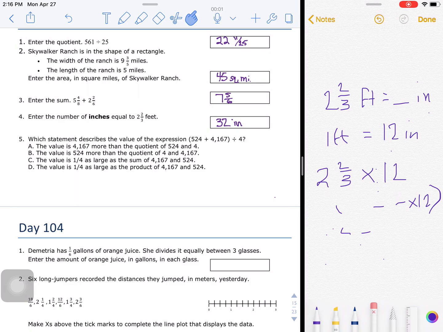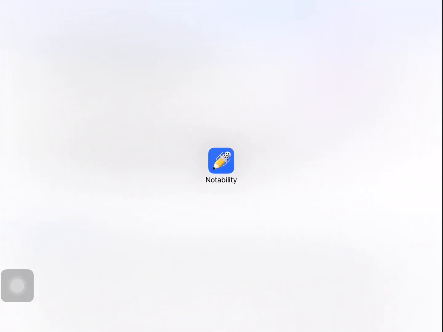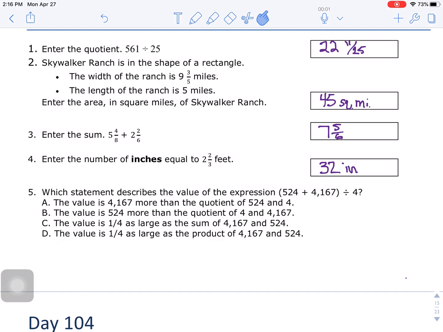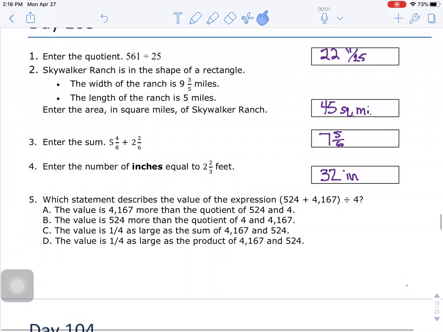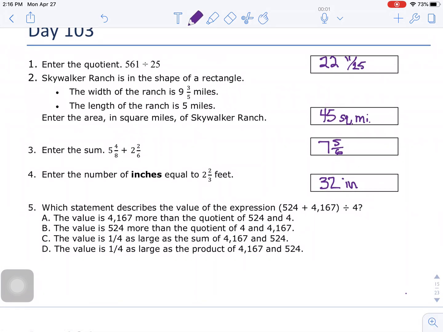Okay, I'm going to get rid of my scratch pad there. Problem number 5. Which statement describes the value of the expression? And in our expression, we see we have a set of parentheses. So we're going to read what's in the parentheses first. And this is the sum of something, right?